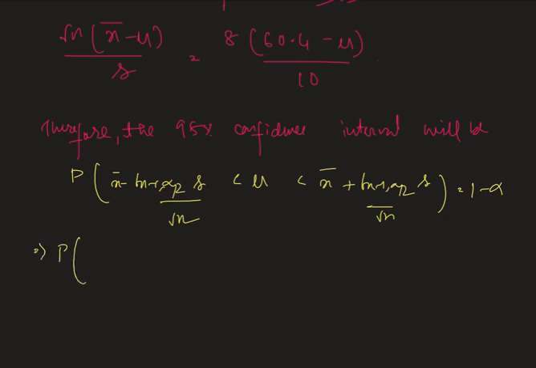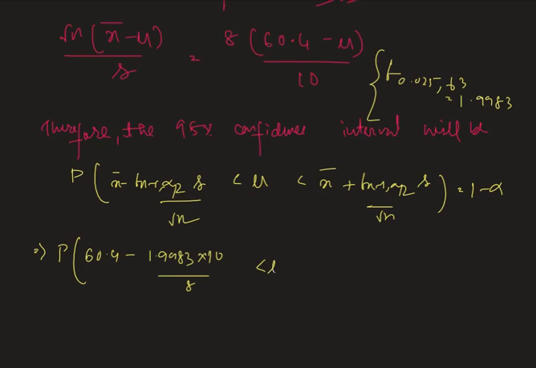Now the value of x bar is 60.4 minus the value of t at 0.025 comma n minus 1, meaning 63 degrees of freedom, which is equal to 1.9983. Therefore 1.9983, the value of s is 10 divided by 8.